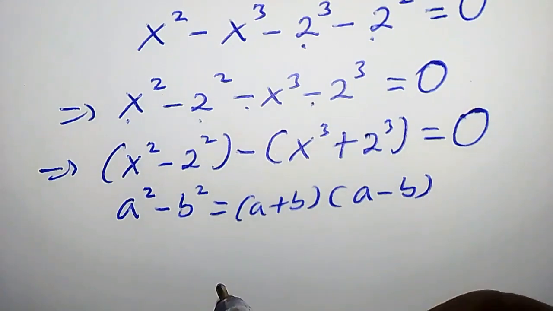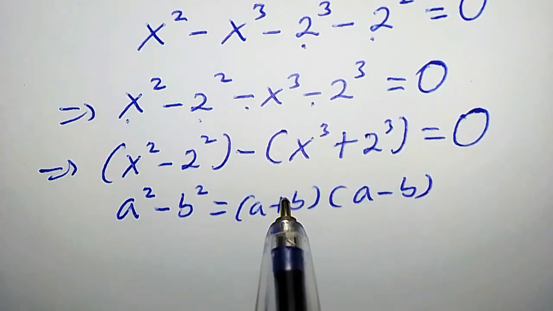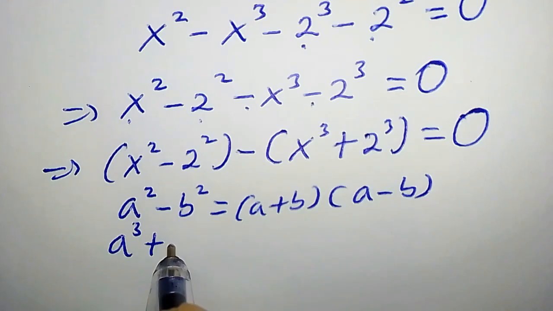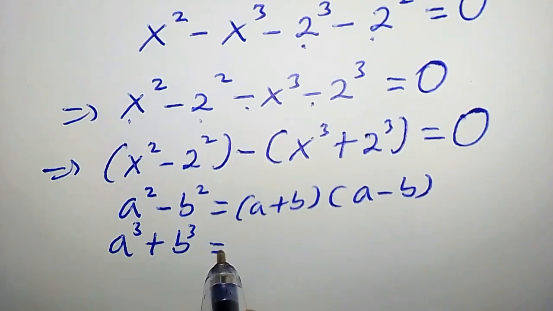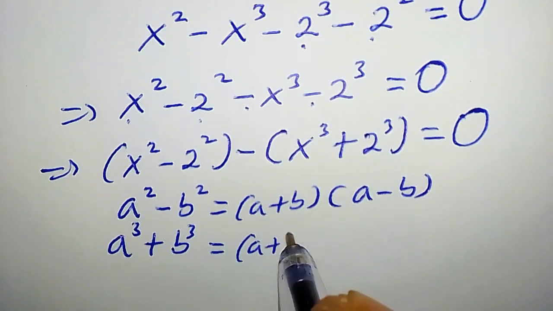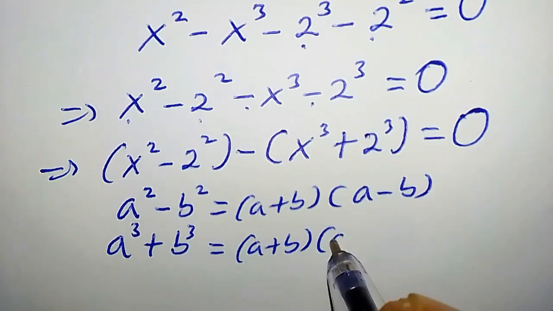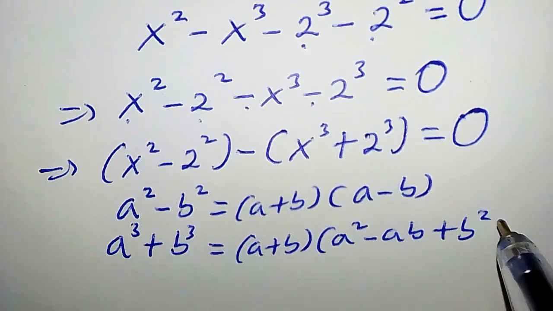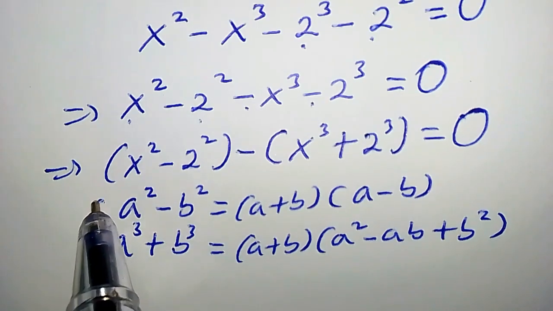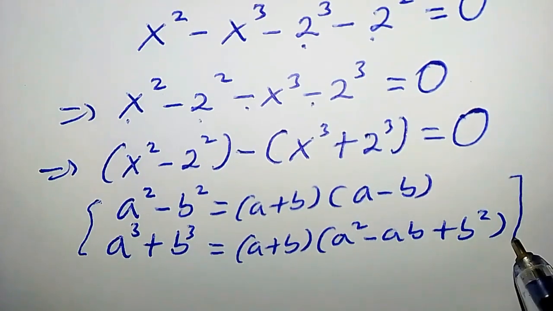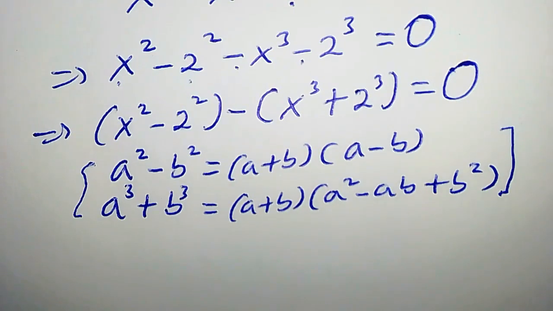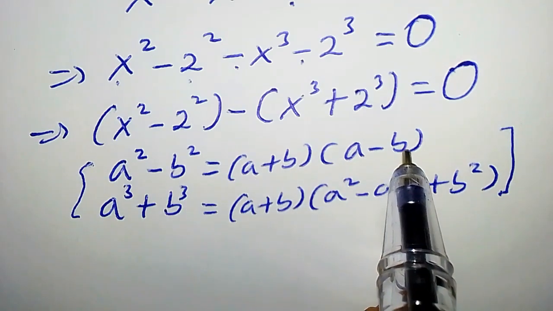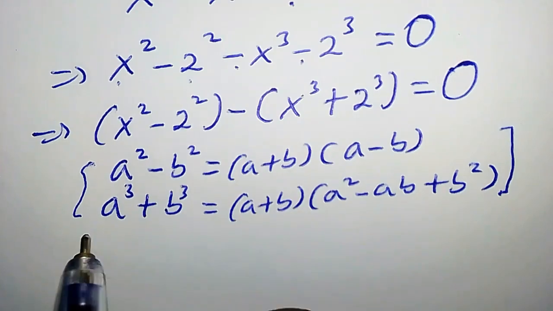The second property is a to the power of 3 plus b to the power of 3 equal to a plus b times a squared minus ab plus b squared. Take note of these two properties. It is very important.